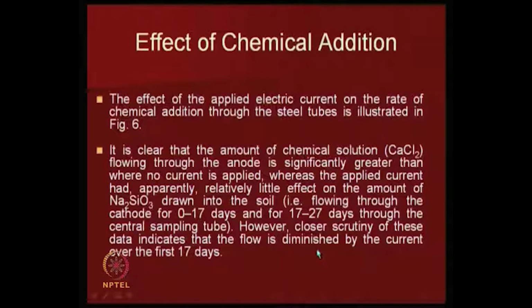What it means is that there is an effect on the flow of the CaCl2 because of the current at the anode, whereas the applied current had relatively less effect on the sodium silicate, which is at the cathode. This is at the anode, whereas this is at the cathode.